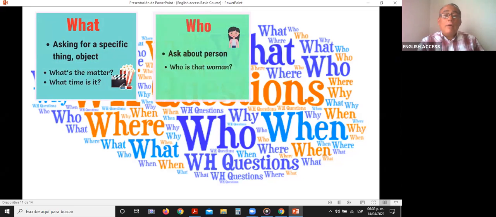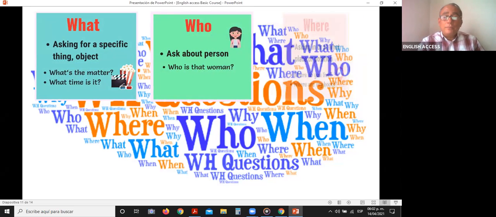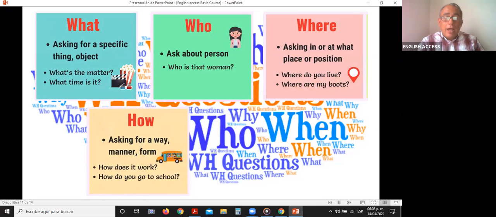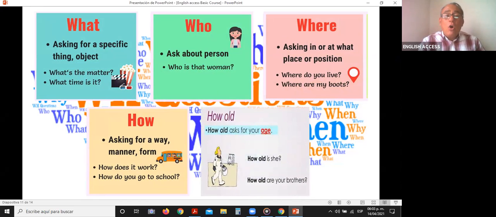We are going to see who to ask about a person, where to ask about places or positions, how to ask about the manner of doing something or characteristics, and finally how old, a combination of how and old to only ask about the age.